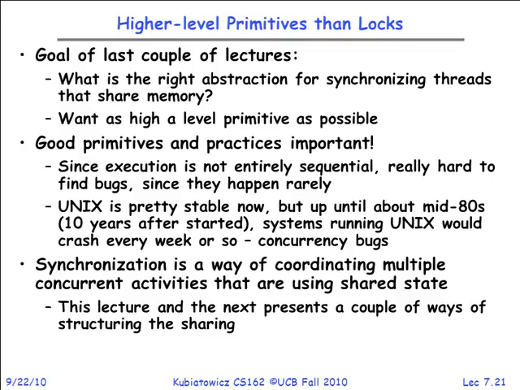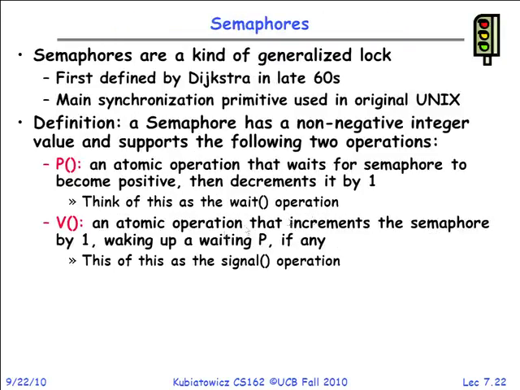The definition is that a semaphore is a special type of integer. It has a non-negative integer value and supports two operations. P is an atomic operation that waits for the semaphore to become positive, then decrements it by 1. Think of this as wait. And V increments the semaphore by 1, and if anybody's waiting on a P operation, it wakes them up. Think of this as signal.